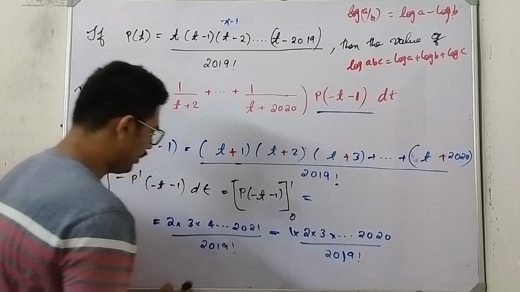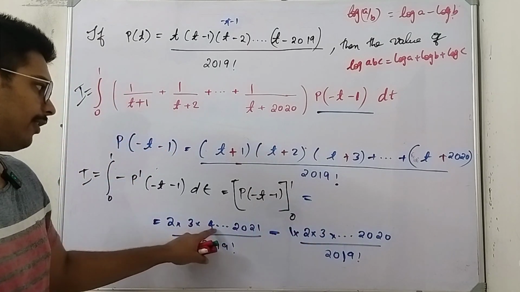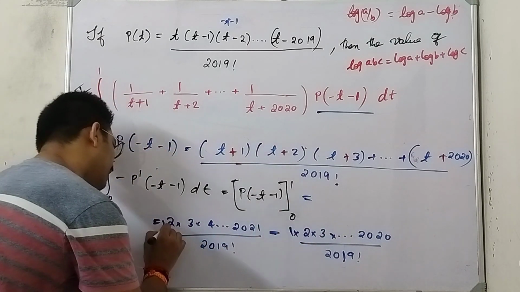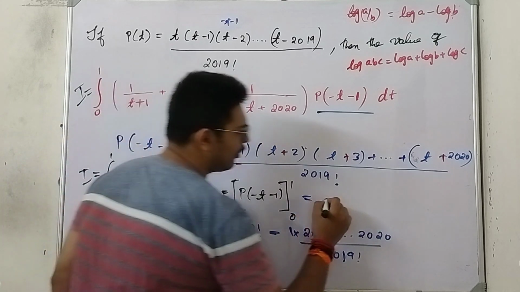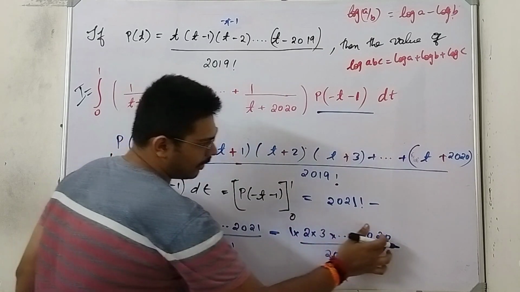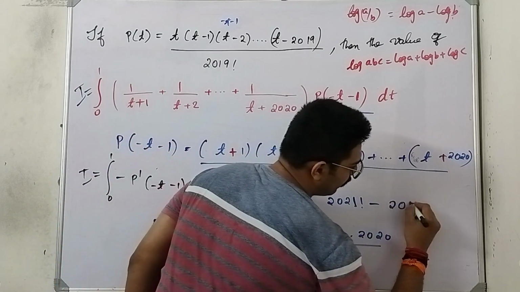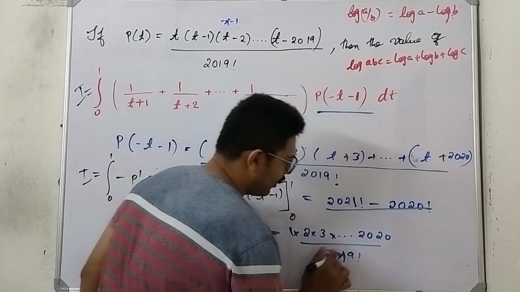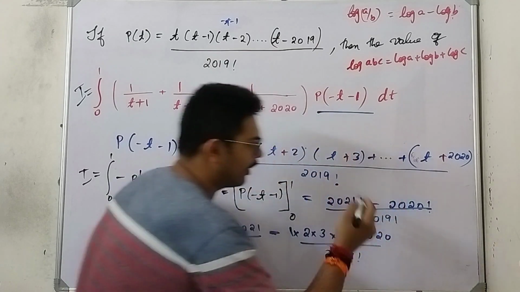This will be equal to 1 into 2 into 3 into 4 into, if you want you can add 1 into 2021, which will be equal to 2021 factorial, minus 1 into etc. up to 2020, which is 2020 factorial, divided by 2019 factorial.